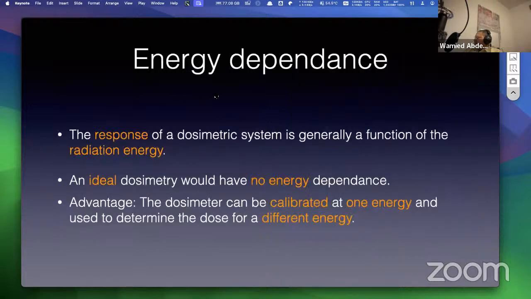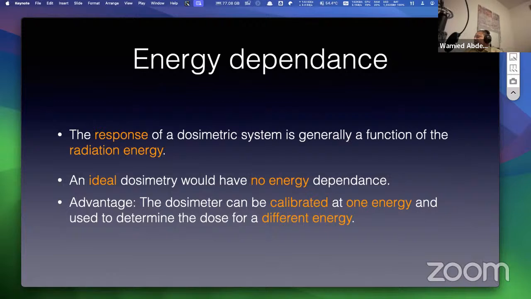Energy dependence, this is also an important or desirable property for a dosimeter. Basically, an ideal dosimeter would have no energy dependence. We want this dosimeter to have a calibration factor established, let's say, on a given beam energy, and we want to use exactly the same calibration factor for all other energies.